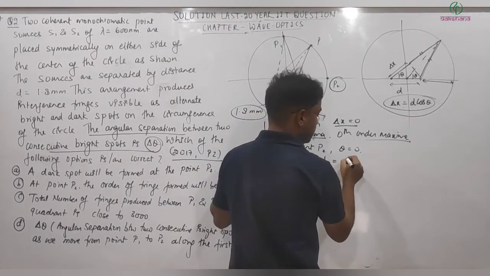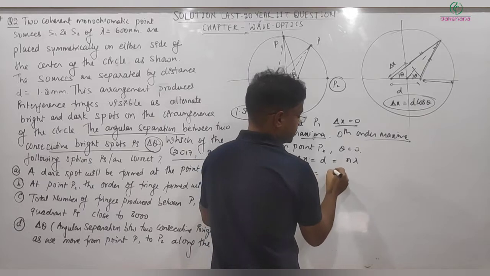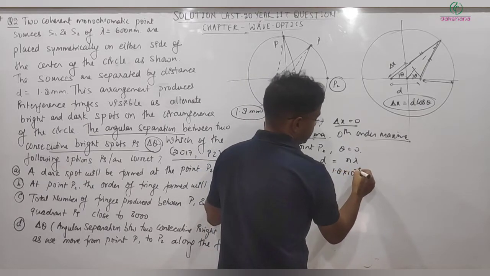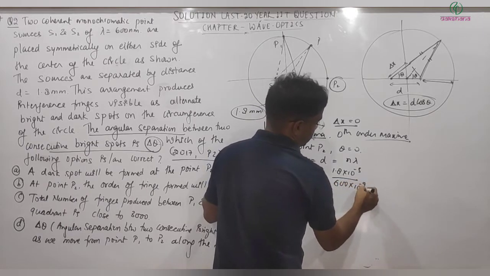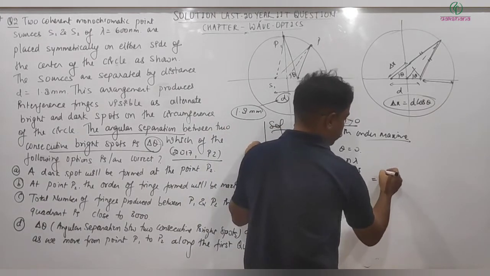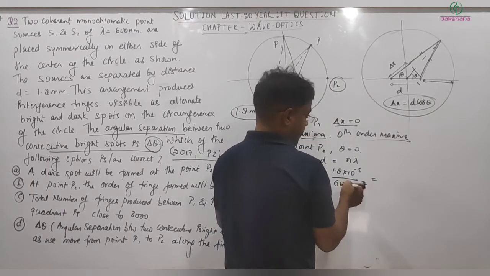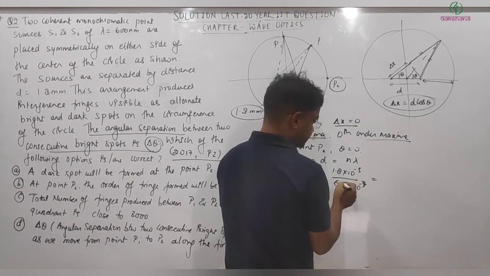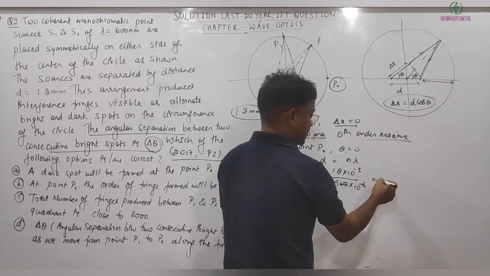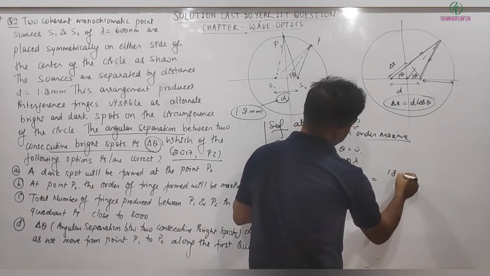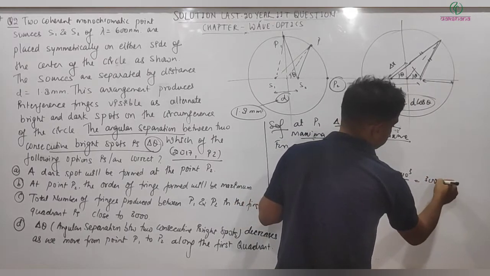So this is equal to n lambda, so n is equal to 1.8 into 10 to the power minus 3 divided by lambda, which is 6000 into 10 to the power minus 9, and this comes out to be 18 into 10 to the power 3 divided by 6, which is 3000.